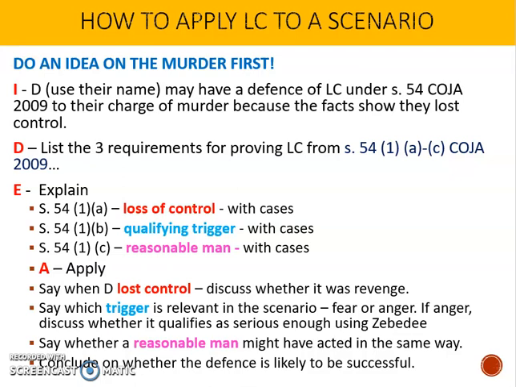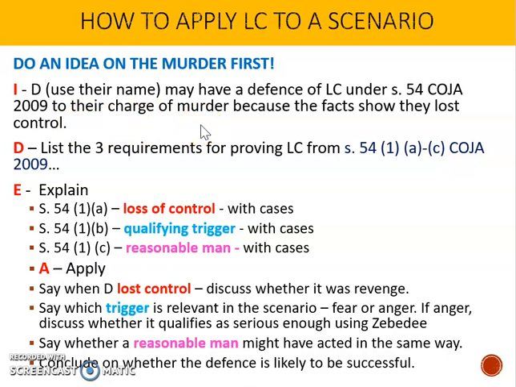So we use IDEA, and we're used to this framework now. We identify, define, explain, and apply. So we would identify the defendant, and you'd use their name from the scenario. Sophie may have a defence of loss of control under Section 54 of the Coroners and Justice Act, because the facts show they lost control, and it'd be good to put here when she shot the bullies.